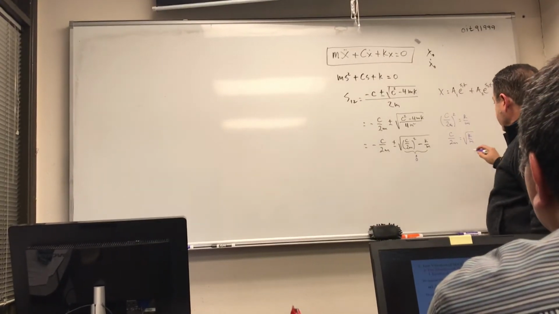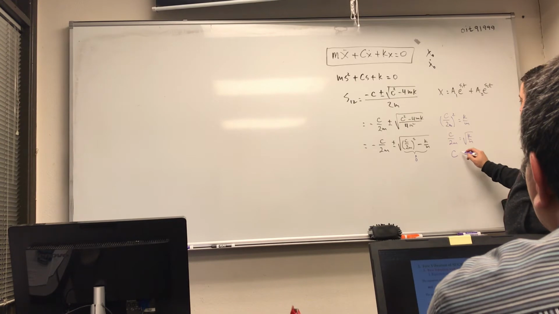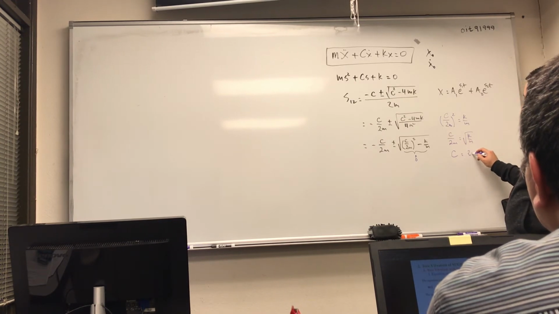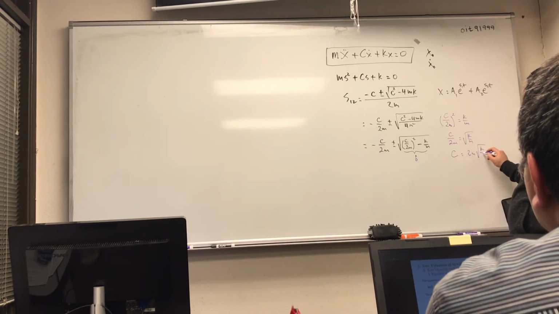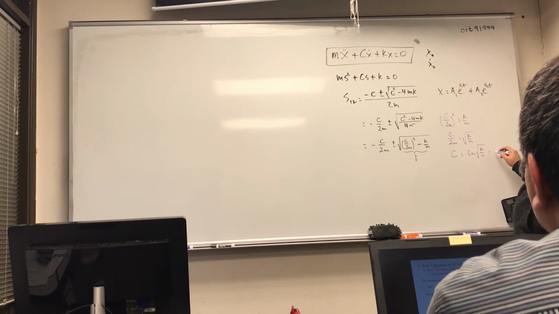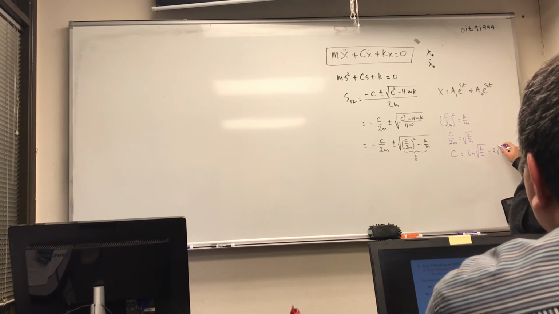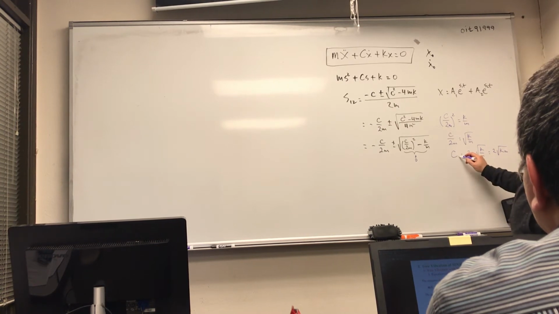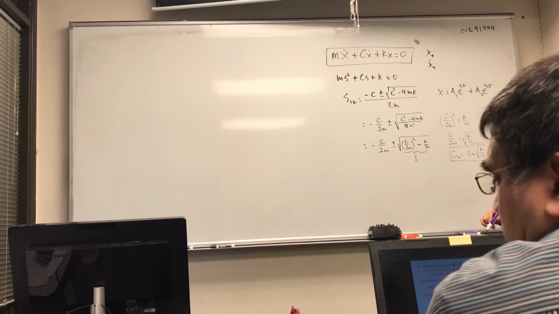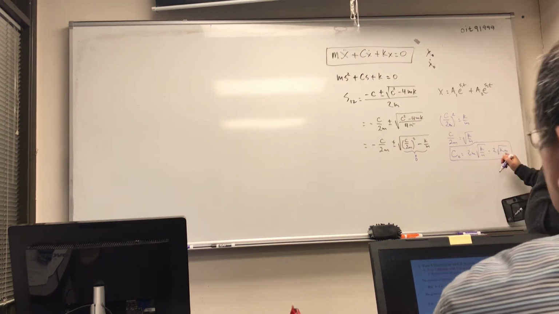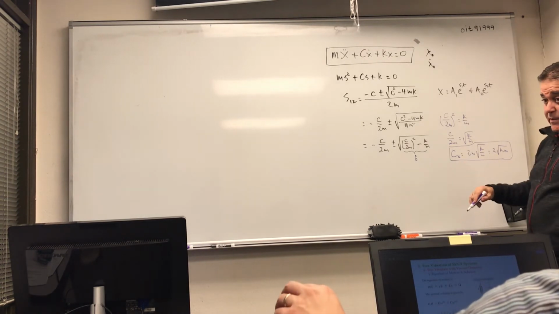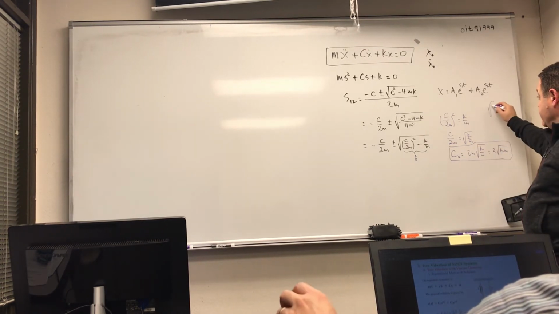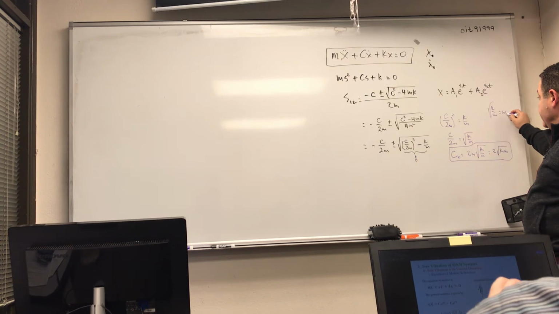That means c is equal to 2m times the square root of k over m, which is 2 times the square root of km, okay? We call this the critical damping. Could you say 2m omega n? Yes, we could, because the square root of k over m is still omega n, right?